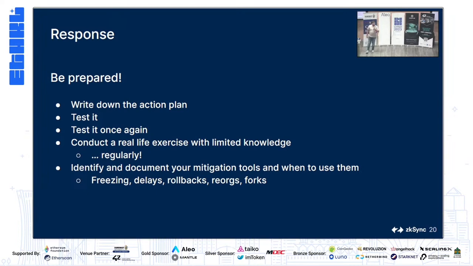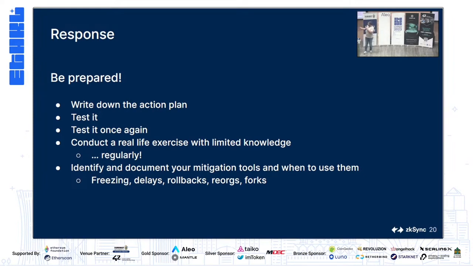Like if you get the alert, a script is executed that publishes a pre-signed transaction to pause your contract. This will help with these scenarios that Andrey demonstrated, like the hours between the first withdrawn money and the actual incident response.